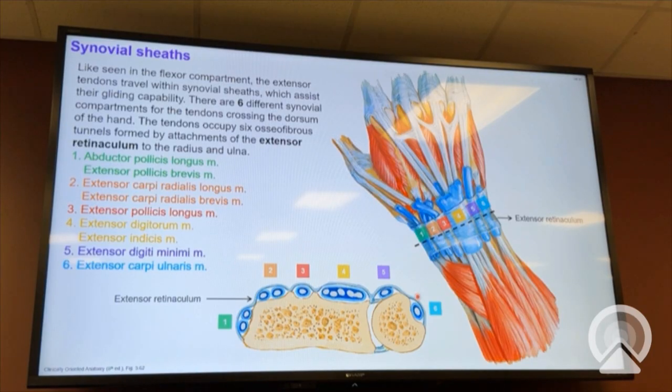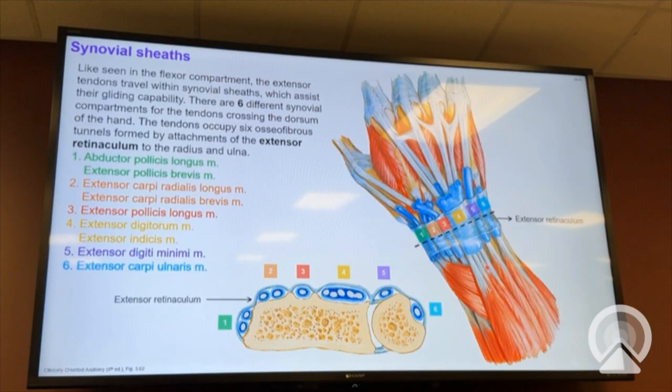Similar to that, you have a retinaculum on the posterior aspect of your wrist. These retinacula are actually just thickenings of the antebrachial fascia. If you're doing a dissection and you cut through the skin, the muscles don't just start popping out. Remember, it's all packed into a fascia. You have to dissect through the fascia to see the muscles.